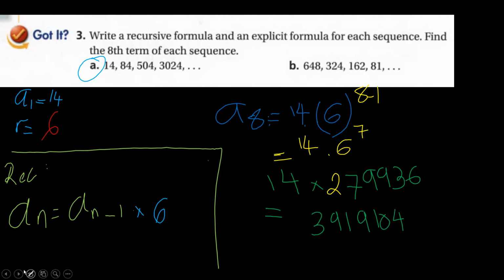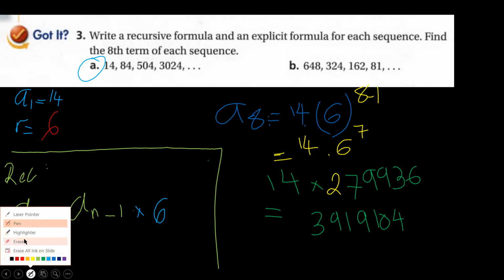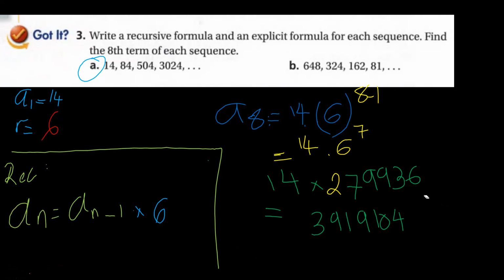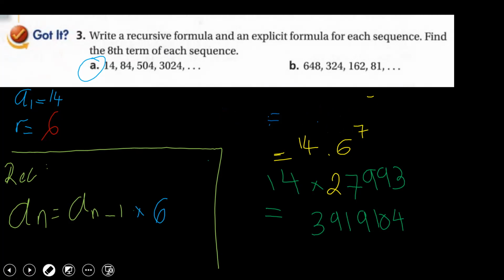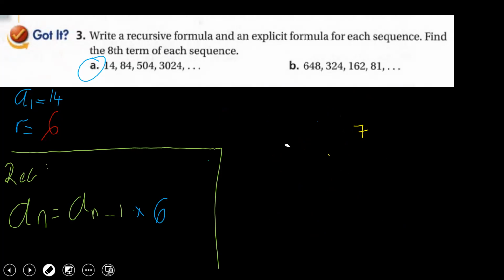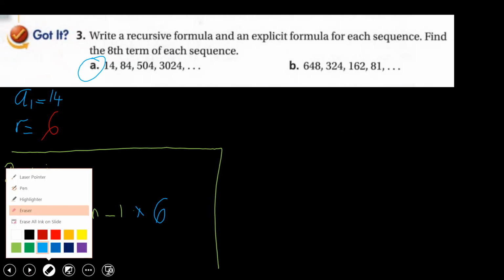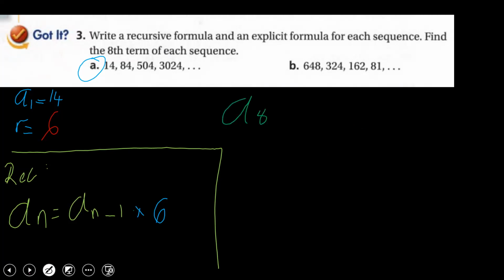If I want to find A sub 8, so A sub 8 is A sub 7 times 6.